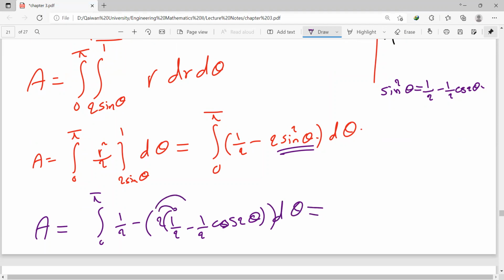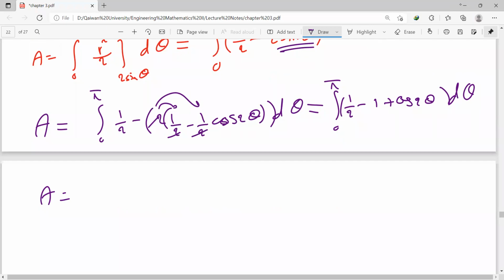We multiply this 2 into the bracket, these 2 cancel out, and we get the integration from 0 to pi of a half minus 1 plus cosine 2 theta. A half minus 1 is minus a half plus cosine 2 theta d theta.